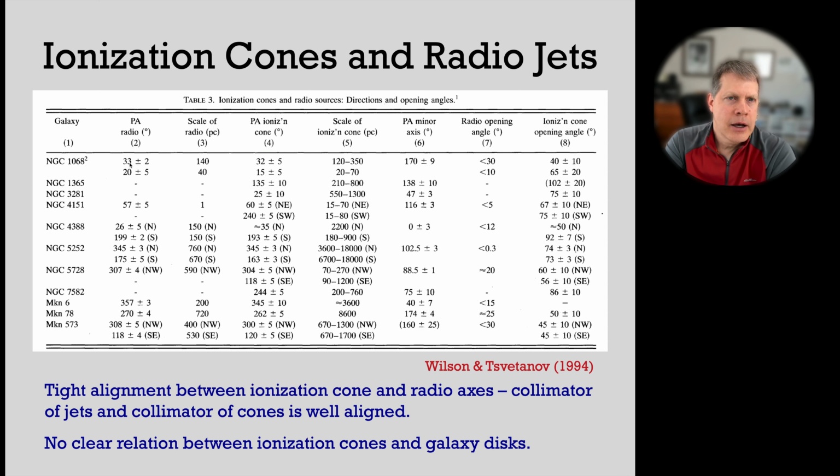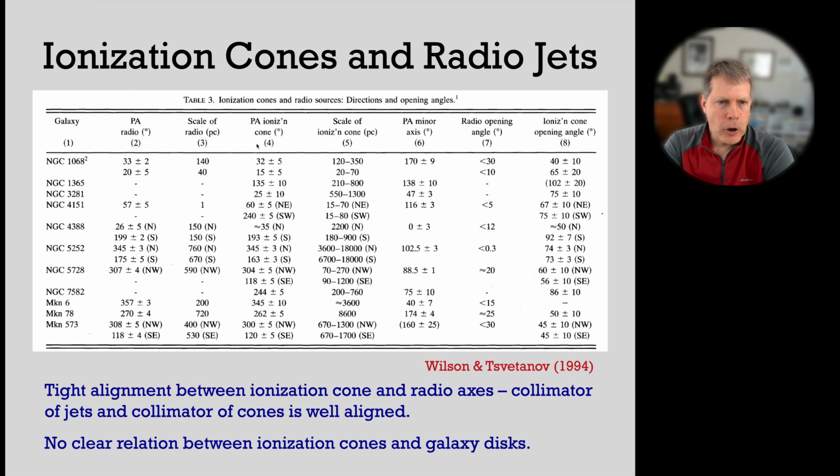Here you can see, 33 plus or minus 2 compared to 32 plus or minus 5, or 57 plus or minus 5 compared to 60 plus or minus 5, or 345 plus or minus 3 compared to 345 plus or minus 3, and so on, looking through the table. 307 versus 304, 270 versus 262, 308 versus 300, and so on.